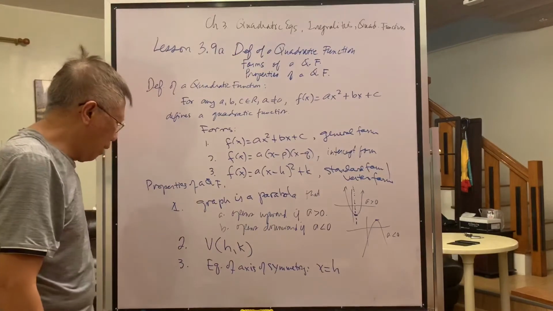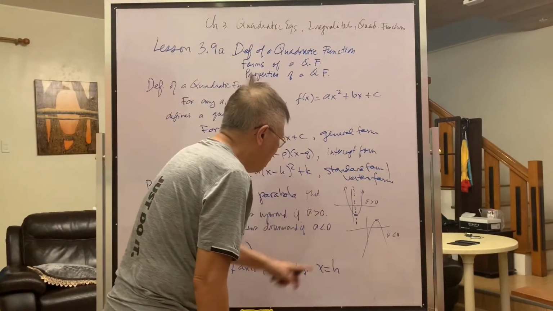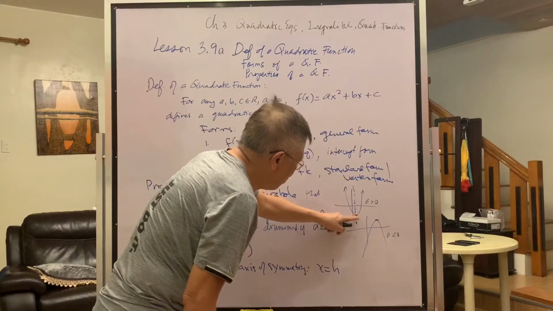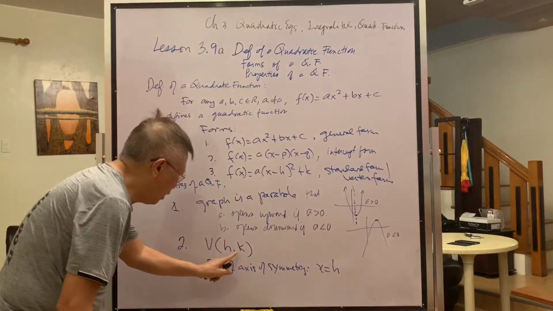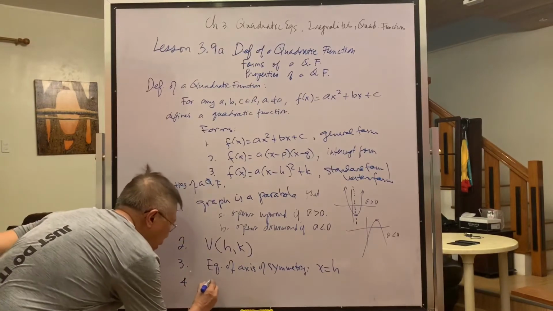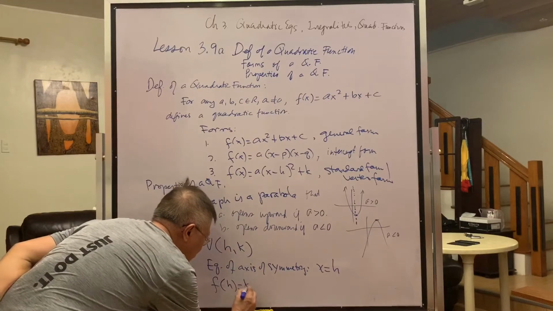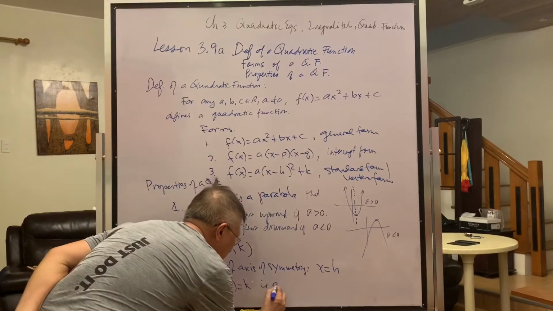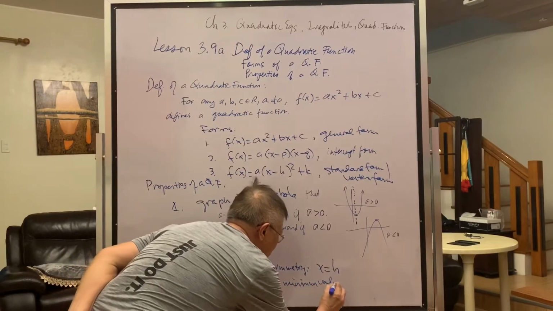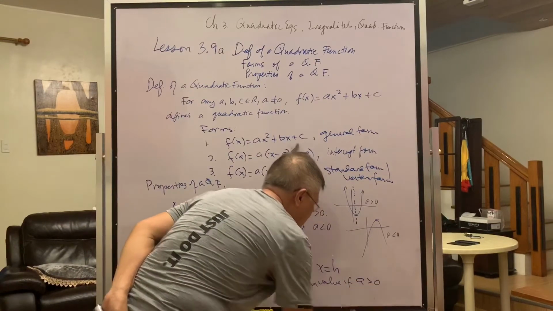Now, if the parabola is going up, we have a minimum value of the function, which is the y-coordinate of the vertex. So here, number 4, the value of the function at h, which equals k, is a minimum value if a is greater than 0.